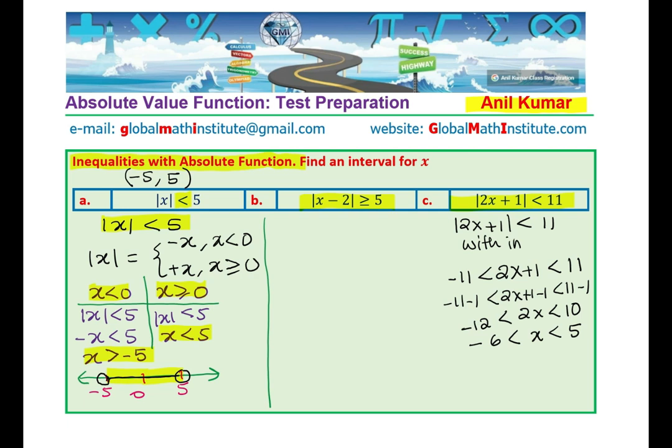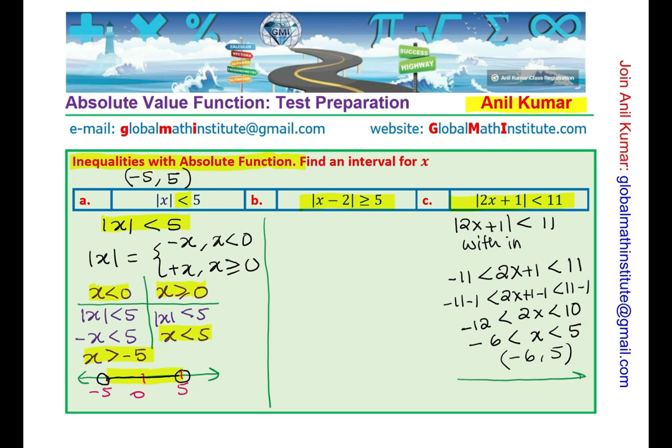So minus 11 minus 1 becomes minus 12, and 11 minus 1 is 10. Now you divide by 2, we get minus 6 and 5, and therefore the interval in this case is from minus 6 to 5. Perfect. On a number line, you can surely show it kind of like this, that it is within minus 6 and 5, both are not included.